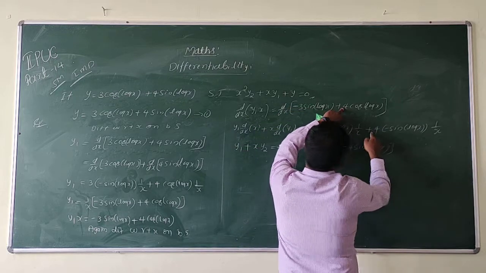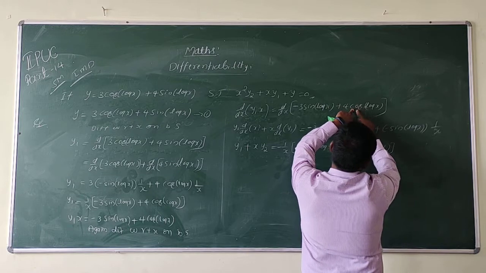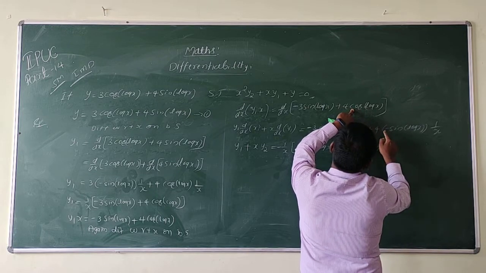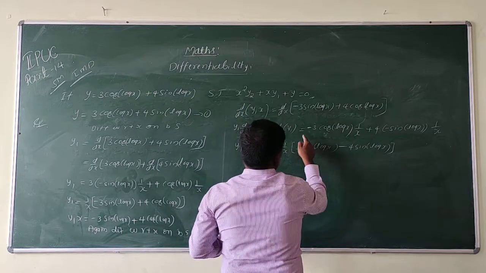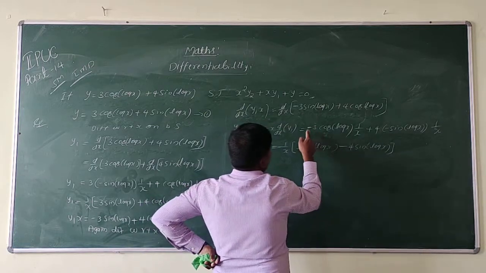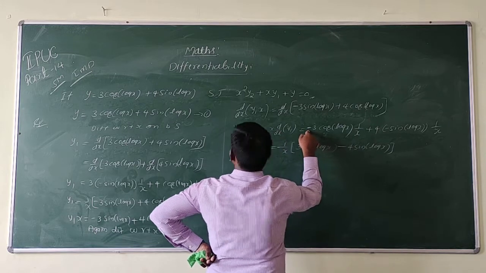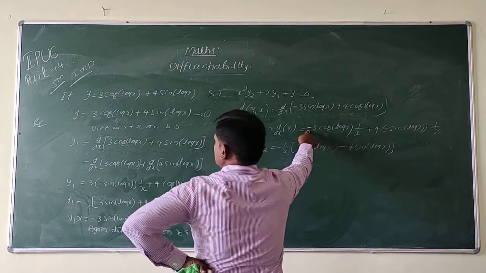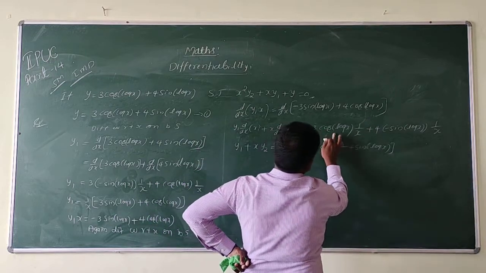And again, this plus is there. So we are going to differentiate this term. Differentiation of cos is minus of sin of log x. So that is also right. So minus is here also. Suppose no need to take minus common here, just want to see minus 3 sin log x.